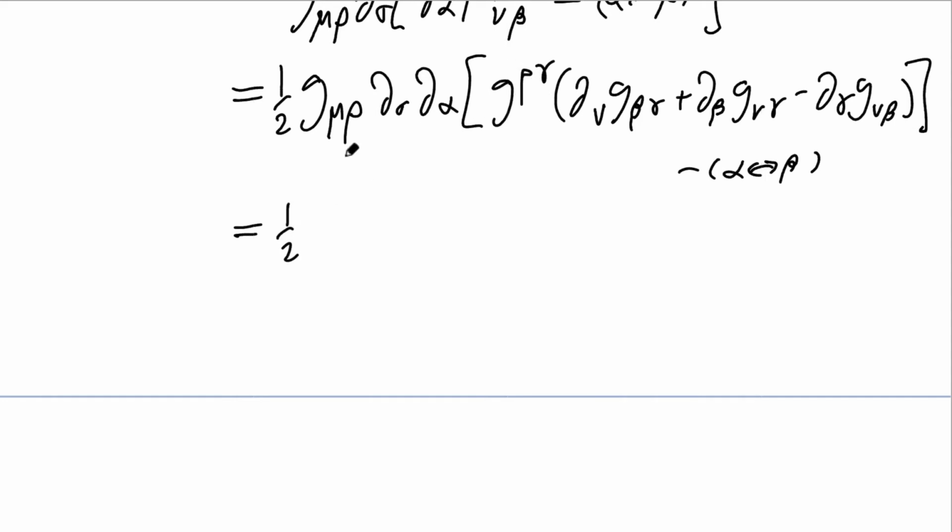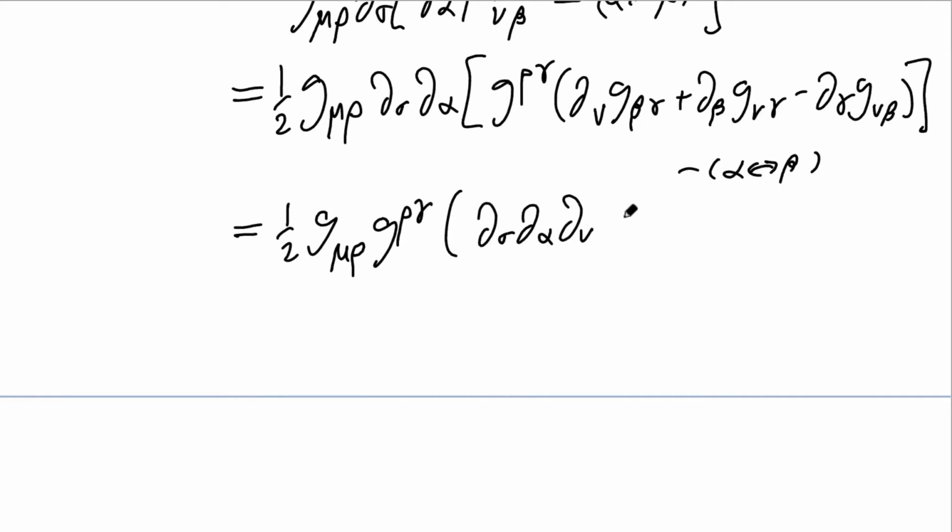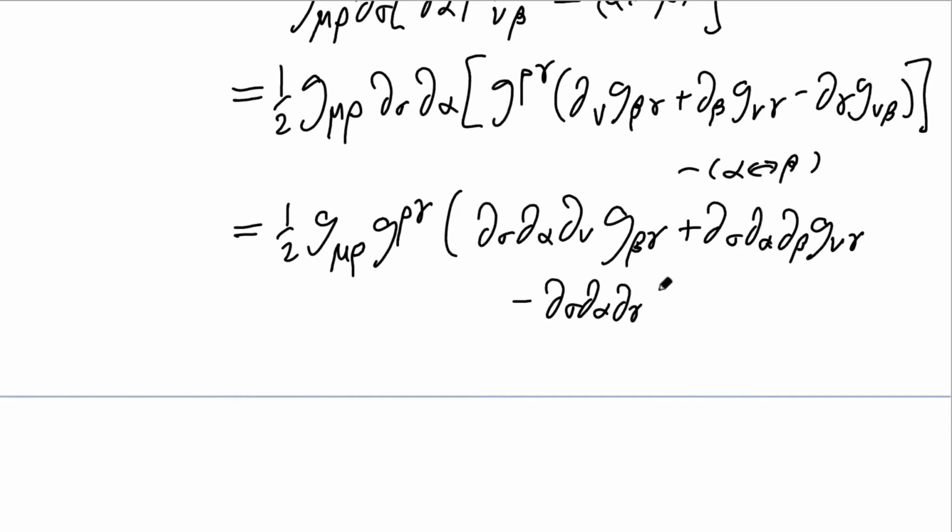So if we go ahead and make that simplification, we have 1/2. This g^ργ just essentially pulls out from the derivatives. We have g_μρ g^ργ times ∂_σ ∂_α ∂_ν g_βγ plus ∂_σ ∂_α ∂_β g_νγ minus ∂_σ ∂_α ∂_γ g_νβ. And of course, we also have the terms in which alpha and beta are swapped.